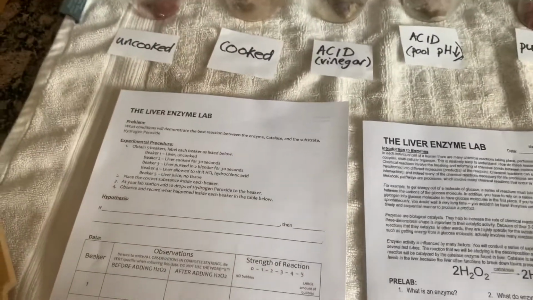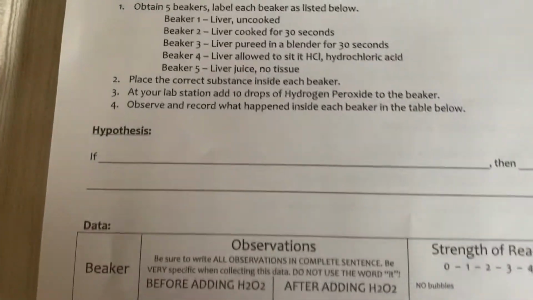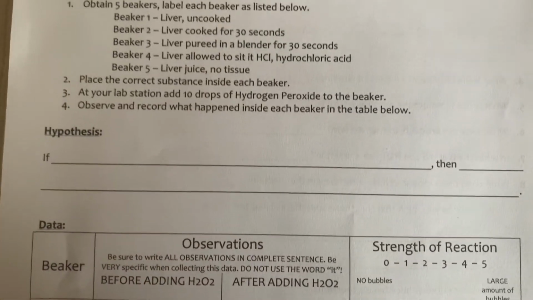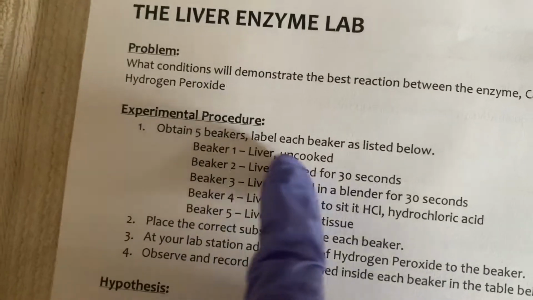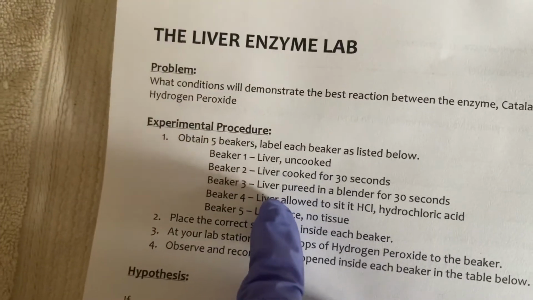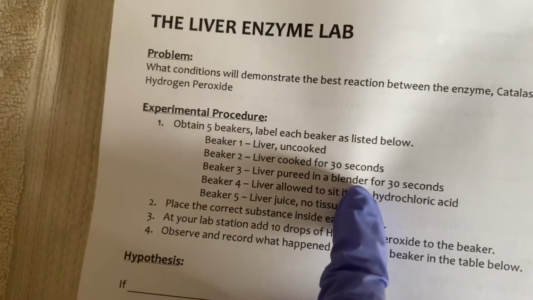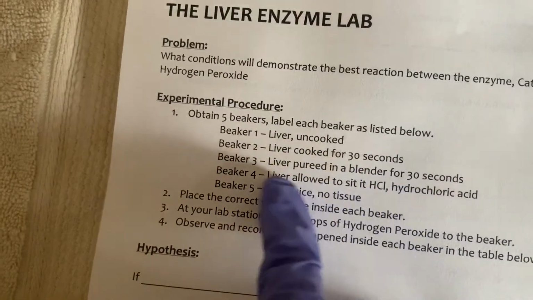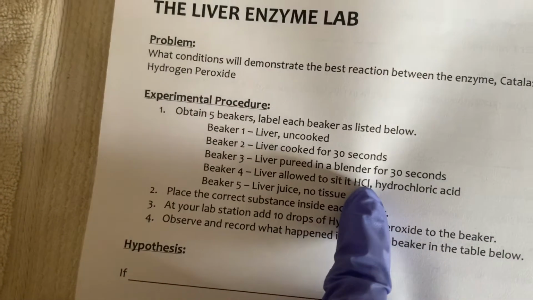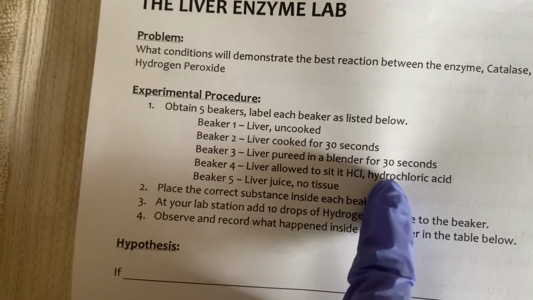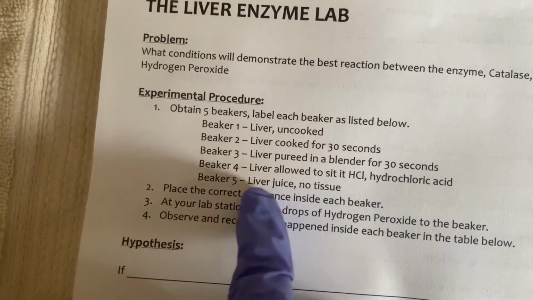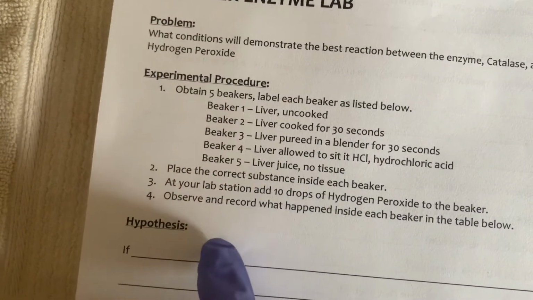So first of all, on your question sheet, it says write a hypothesis. We have beaker 1 is uncooked. Then we have one cooked, then we have one that's been placed in the blender, that's the pureed one, and then one that's been sitting in hydrochloric acid, but we've got 2 types of acids here, so you'll have to add an extra column unless I redo the table, and then the liver juice.